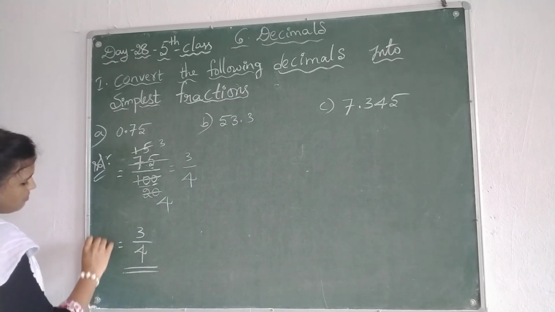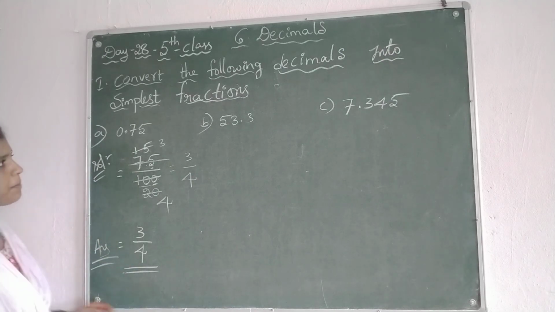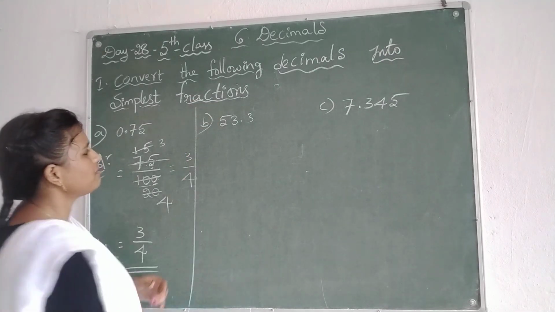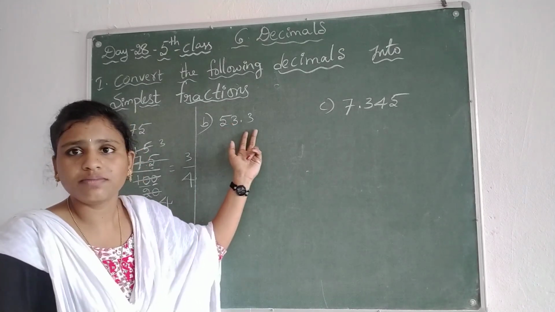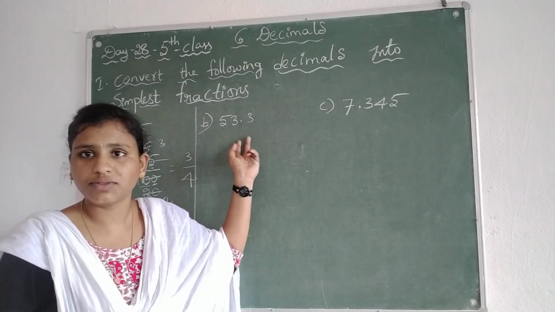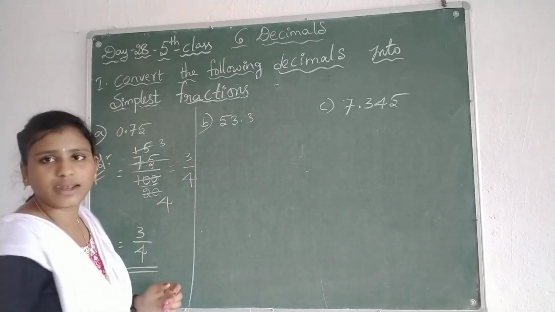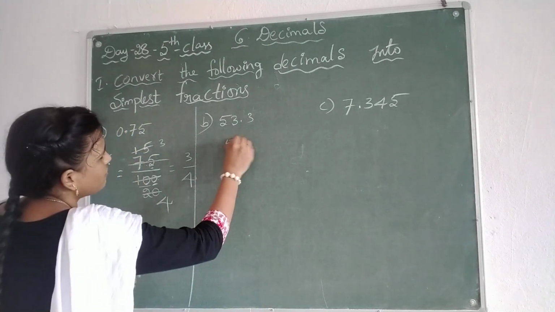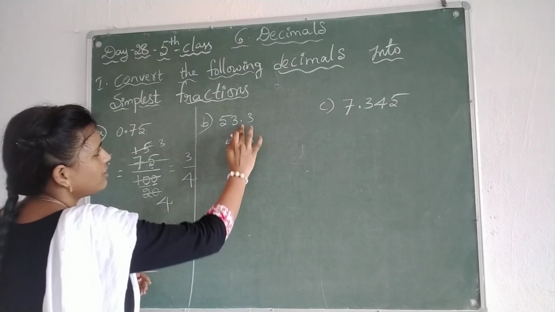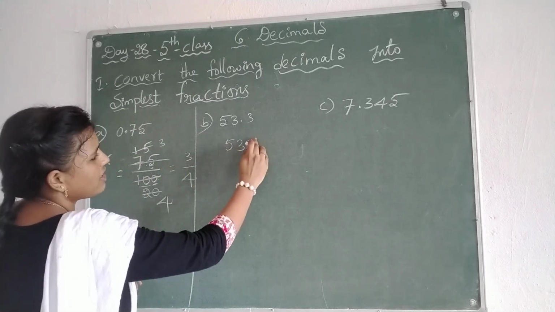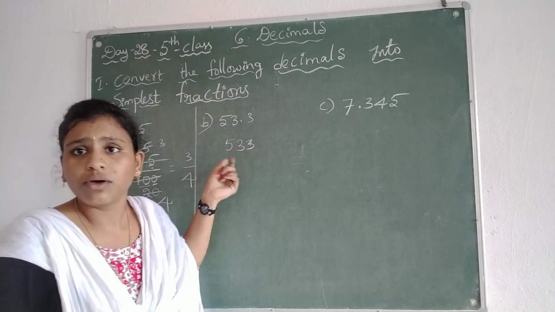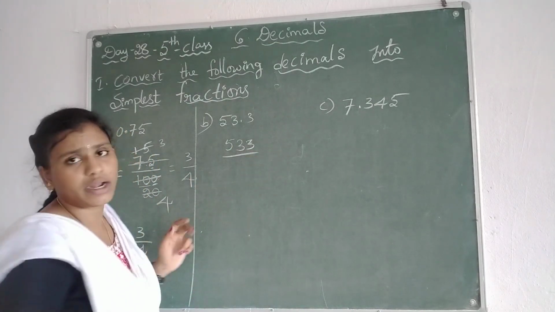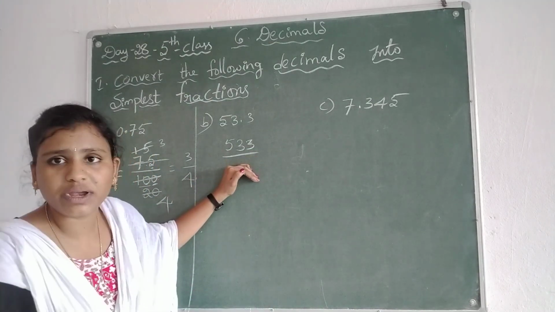Understood, children? Let's see one more sum. Here see 53.3. First take the number 53 in the numerator, remove the point and write it as a normal 3. So the number is 533. Take it in the numerator place. And what is the denominator?